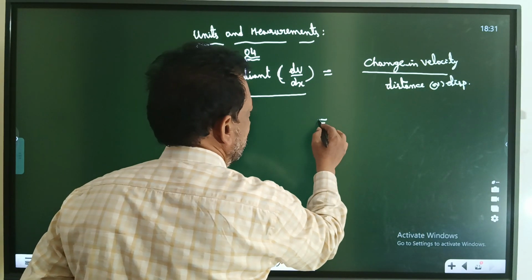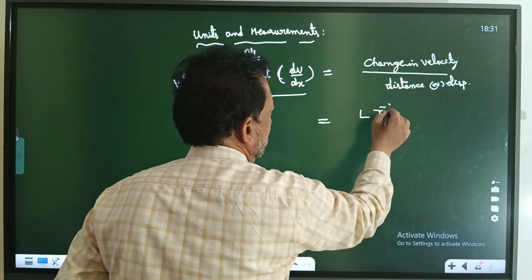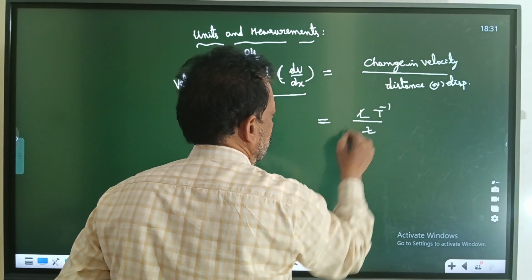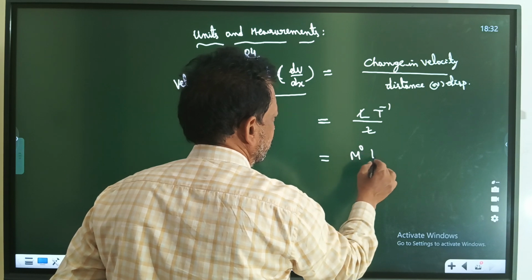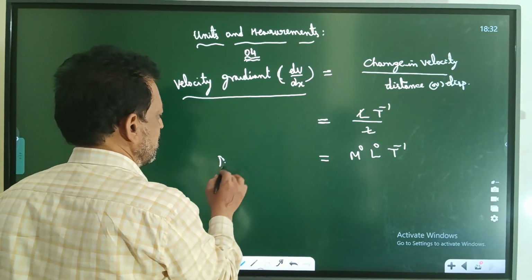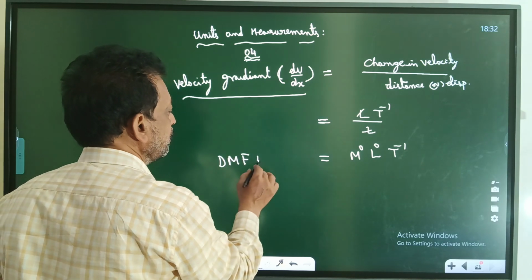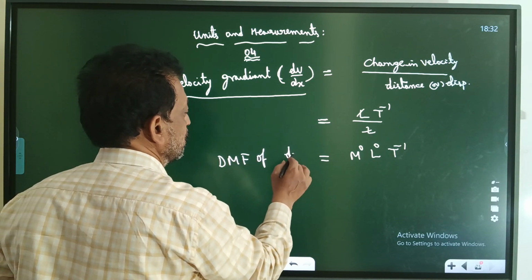So what is the dimension? Change in velocity is LT to the power of minus 1, displacement is L, cancel. So the formula is T to the power of minus 1. So this is the dimension of what we call dv by dx, velocity gradient.